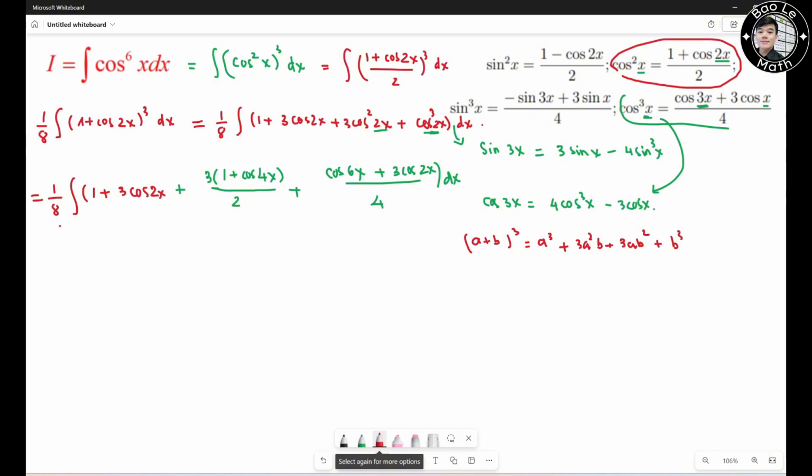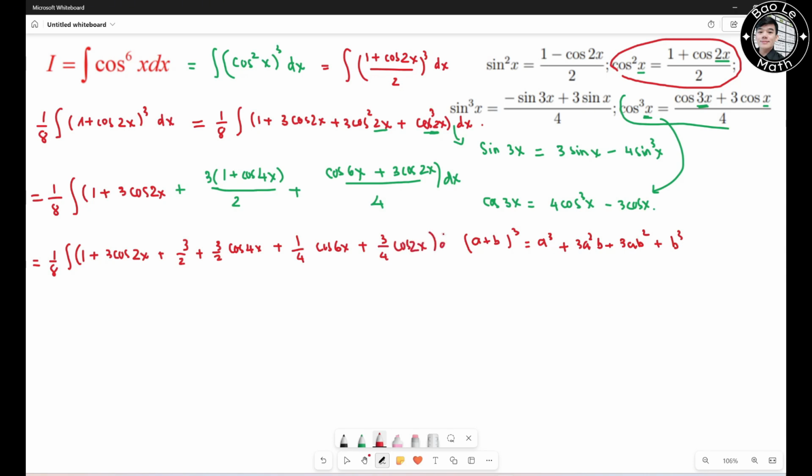Alright, so now I just simplify this one. It's going to be 1/8 times the integral of 1 plus 3 cosine 2x plus 3½ cosine 4x plus 1/4 cosine 6x plus 3/4 cosine 2x dx.